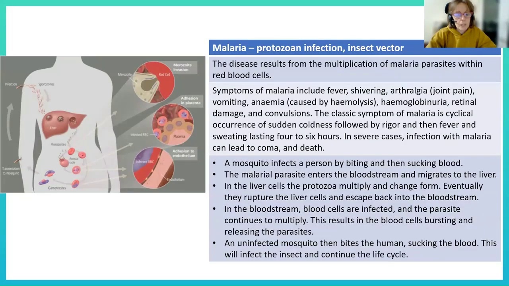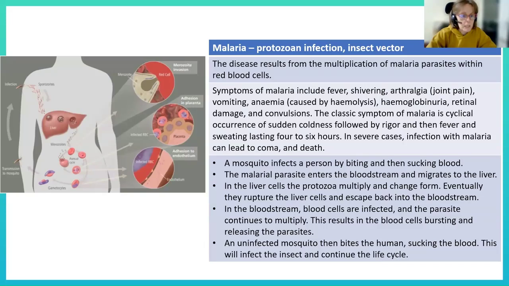So as I was saying, you get bitten by a mosquito, that sucks your blood, the parasite enters the bloodstream, that will then migrate to the liver. In the liver, the protozoa cells multiply and they change form, and they rupture the liver cells and escape back into the bloodstream. Blood cells are then infected and the parasite continues to multiply.